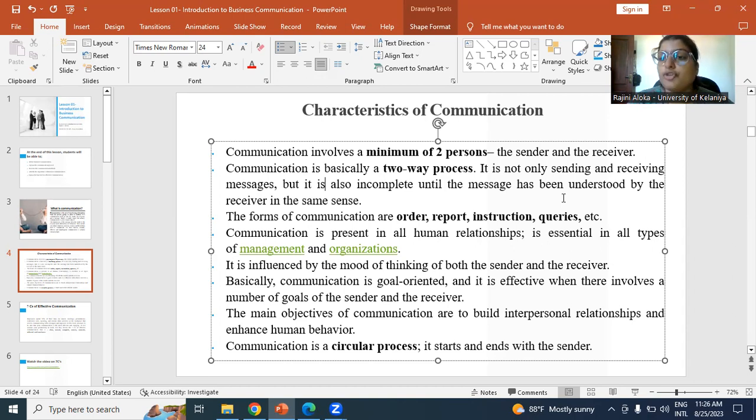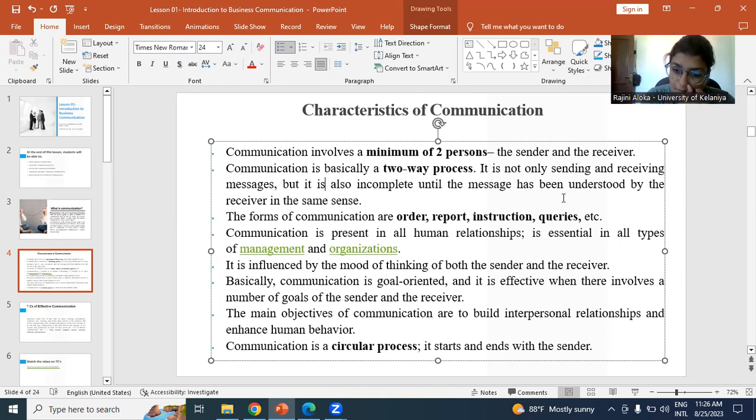Communication is influenced by the mood and thinking of both the sender and the receiver. It is goal-oriented and is effective when it meets the goals of the sender and the receiver. The main objectives of communication are to build interpersonal relationships and enhance human behavior.